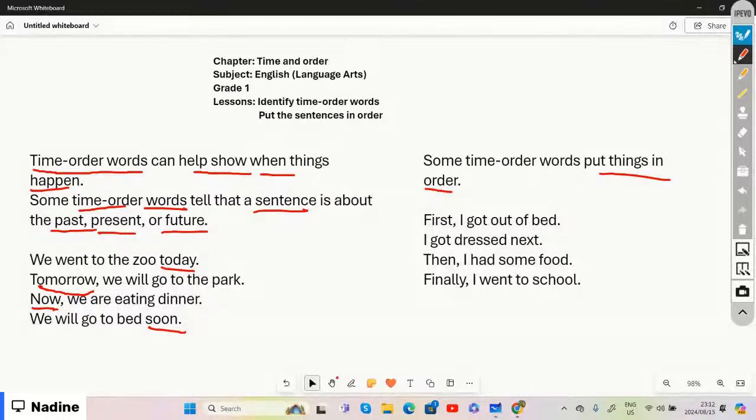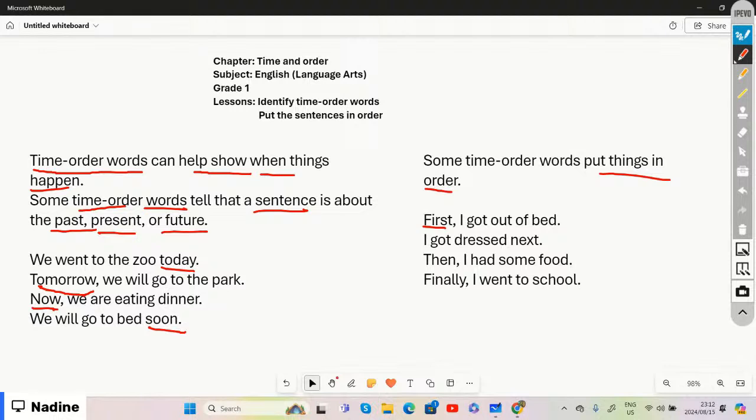All right. And if we look at our time order words, we can say, first, I got out of bed. So that is the first thing that you did. You got out of bed.